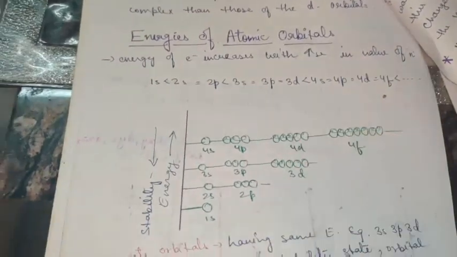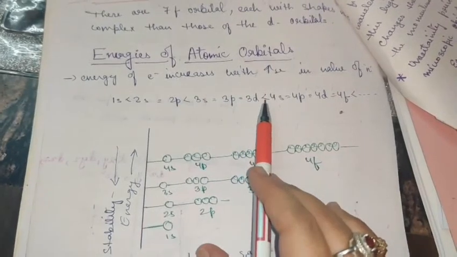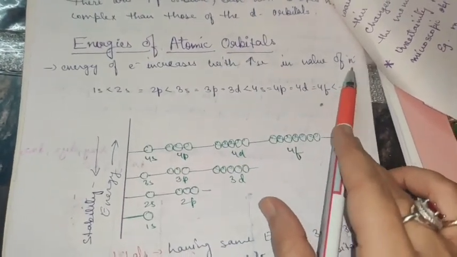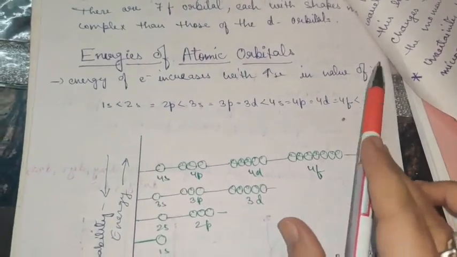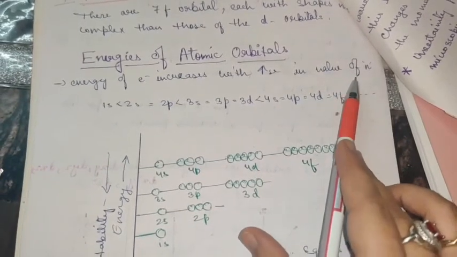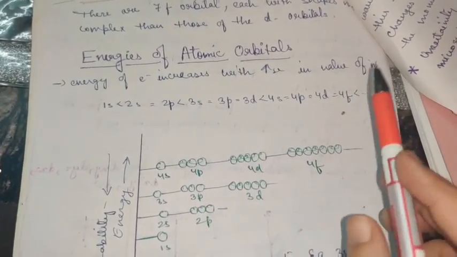Now, energies of orbitals. You have learnt this before also, children. With the increase in the value of n, that is, increase in the shell number, what happens? The distance of the shell from the nucleus increases, that is, the atomic radius increases with respect to that particular shell.